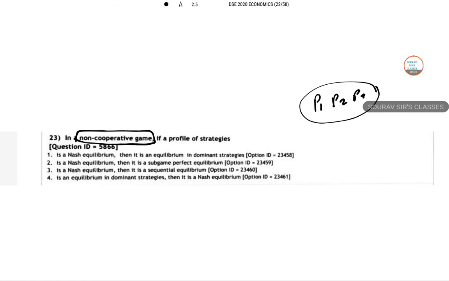Here, directly from the definition we know, this is the equilibrium of dominant strategies, that is the Nash equilibrium. That will provide you the dominant strategy Nash equilibrium. If you want to know more, a non-cooperative game is based on the assumption that the individual players do what is profitable to them.